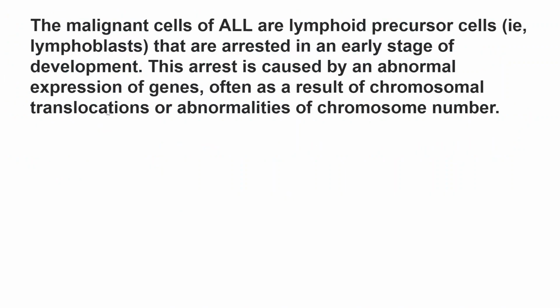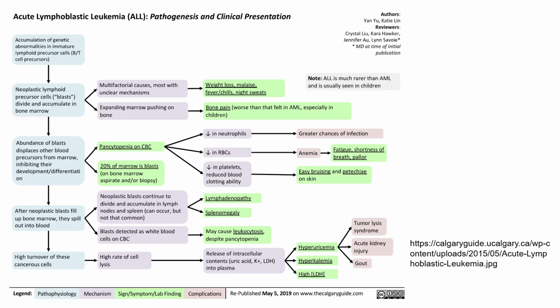The malignant cells of acute lymphoblastic leukemia are mainly lymphoid precursor cells, the lymphoblasts, and they are arrested in an early stage of development, and this arrest is caused by abnormal expression of genes. So the whole evolution of lymphoblastic leukemia starts with some genetic abnormality, where genetic expression is modified, and this is now identified as translocation of the chromosomes, altered with different chromosomal numbers.